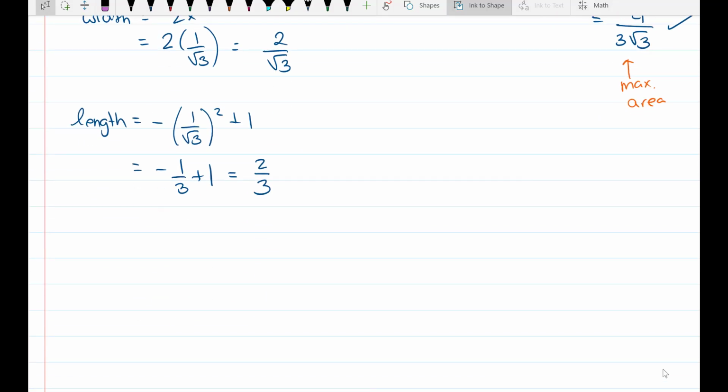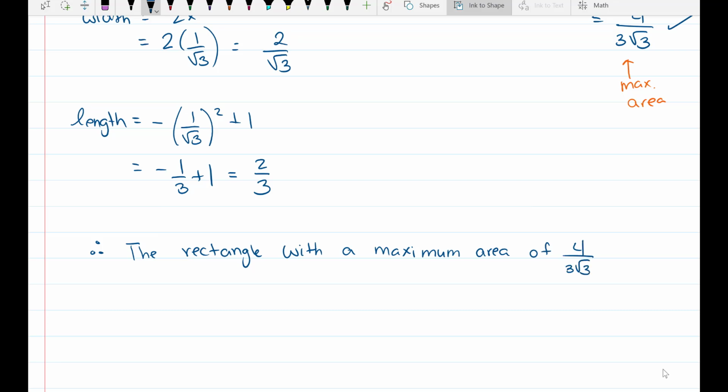So now for our summary. The rectangle with a maximum area of 4 divided by 3 radical 3 has length 2/3 and width of 2 divided by radical 3.